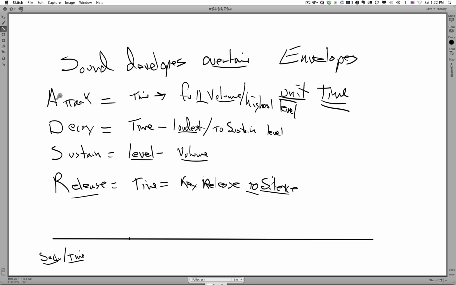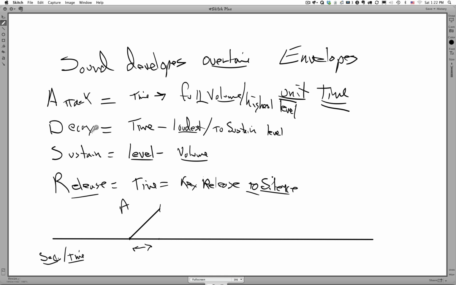If it is a longer attack, it might be something like this. So this distance from here, there to there. So this is going to be our attack or attack time. Our decay, we said, was how much time it takes to get from this full volume or full loudness level to the sustain level.